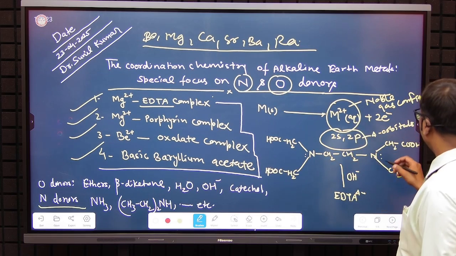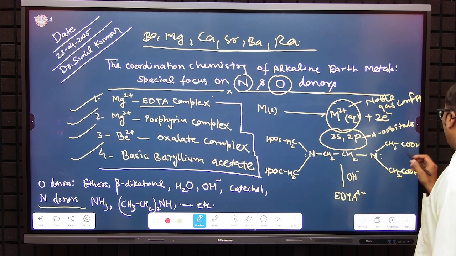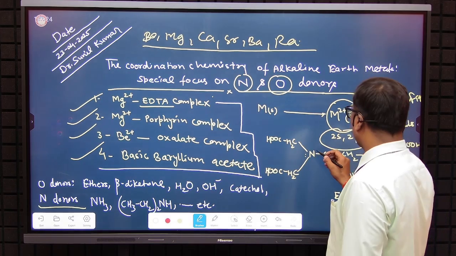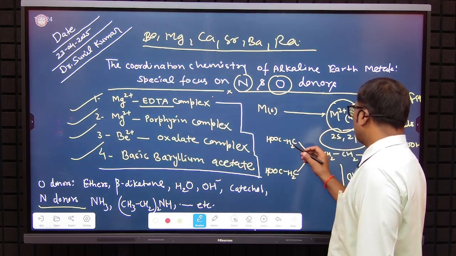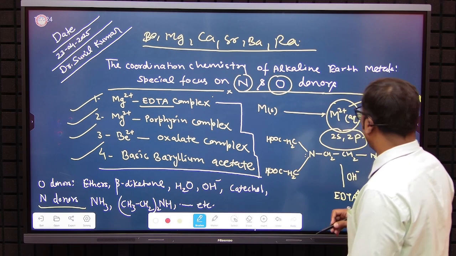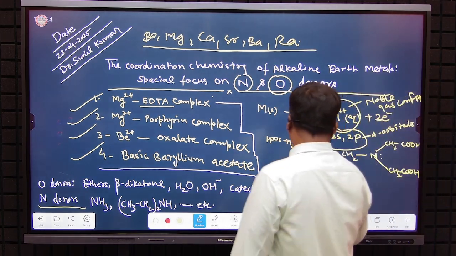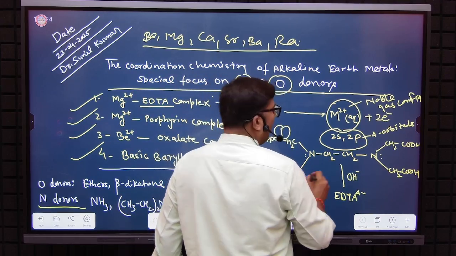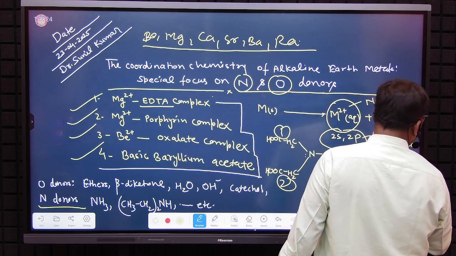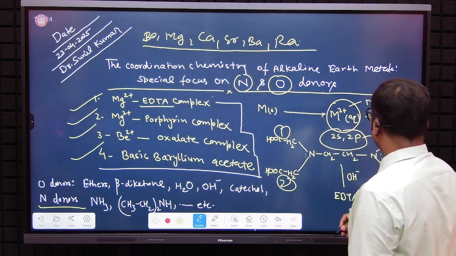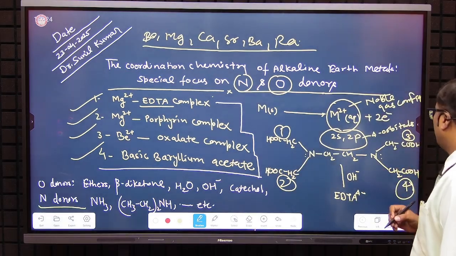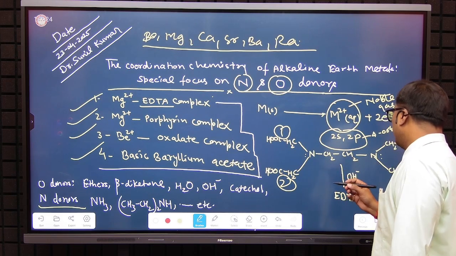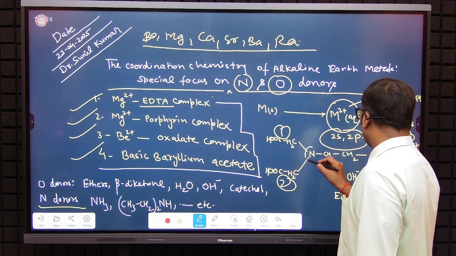And this nitrogen further has CH2COOH and CH2COOH, and similarly this nitrogen also contains CH2COOH, CH2COOH. Here 4 CH2COOH, right? This is 1, this is 2, this is 3, and this is 4, and in addition to these 4 CH2COOH, there are 2 nitrogens, right?